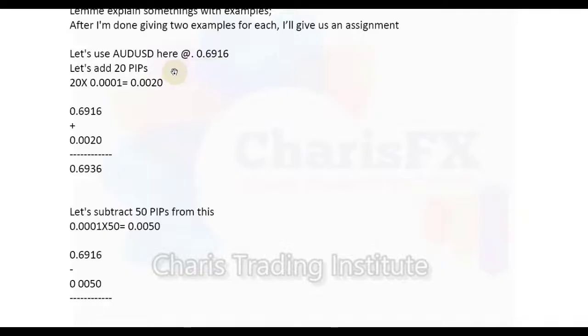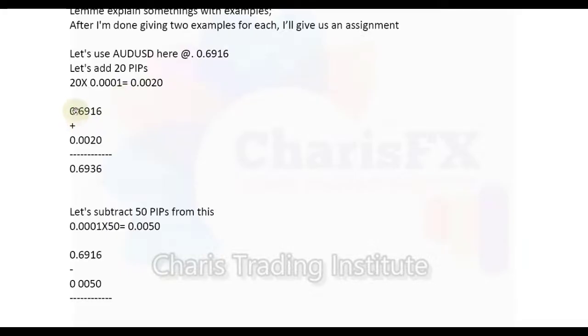So the first thing we are going to do is multiply the pips we wish to add by 0.0001, so that we make this pip into a 4 decimal place. So it's literally 20 times 0.0001, which is equal to 0.0020, a 4 decimal place. Then you add this to 0.6916, which is the initial pricing of AUD USD.